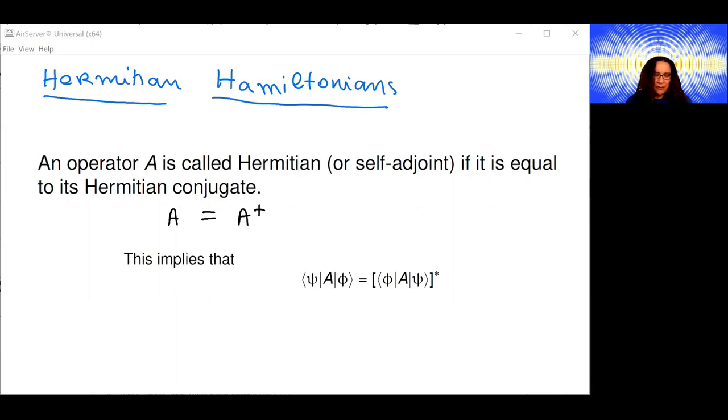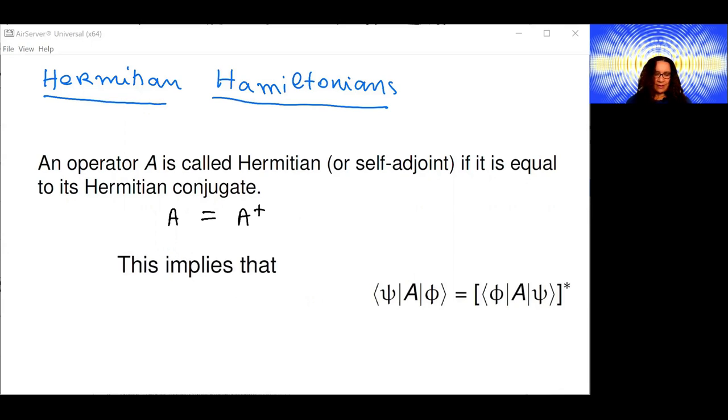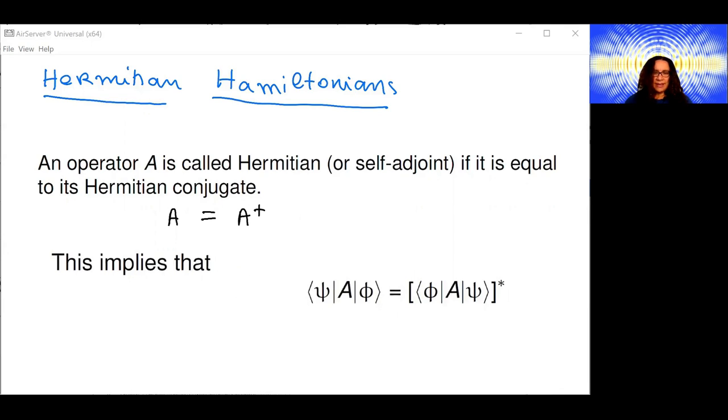So if you satisfy this condition, this implies that this inner product here, psi A phi, is going to be equal to its complex conjugate.